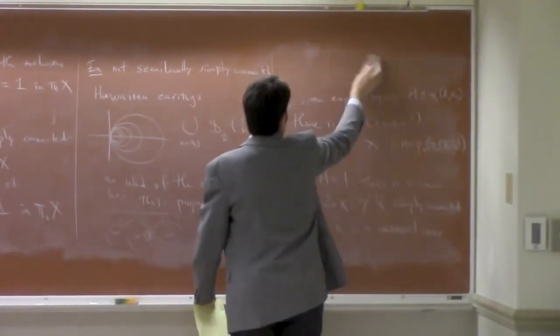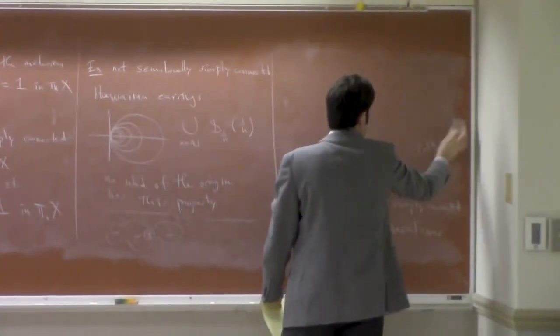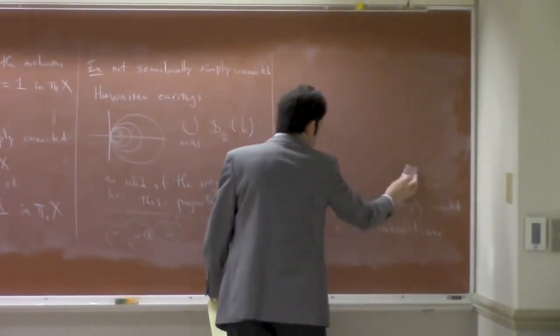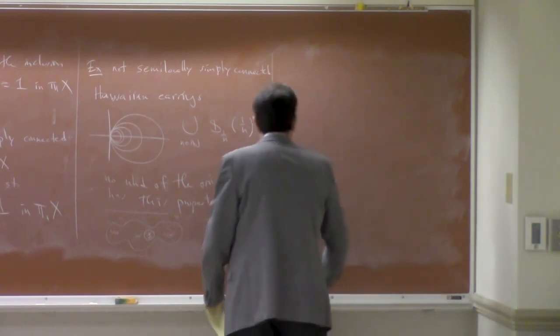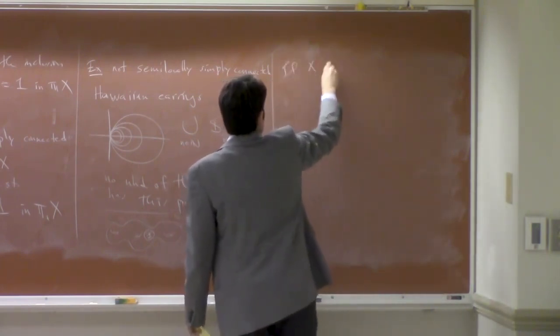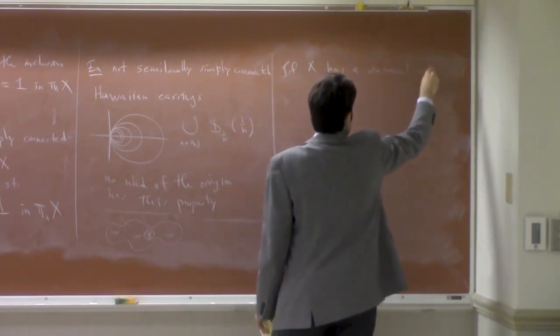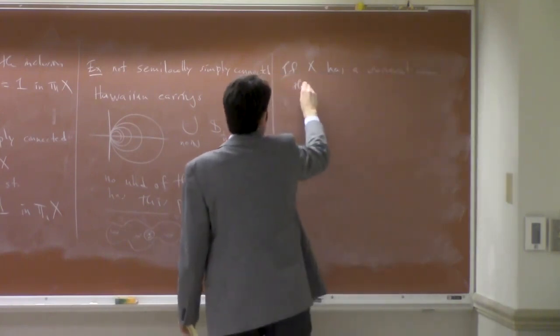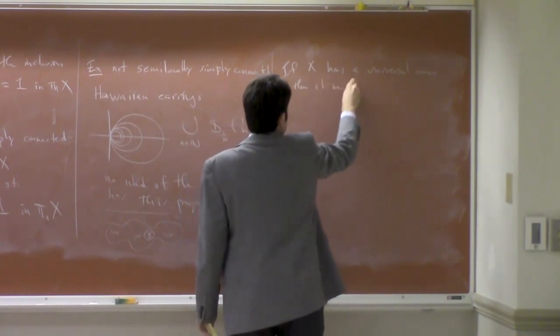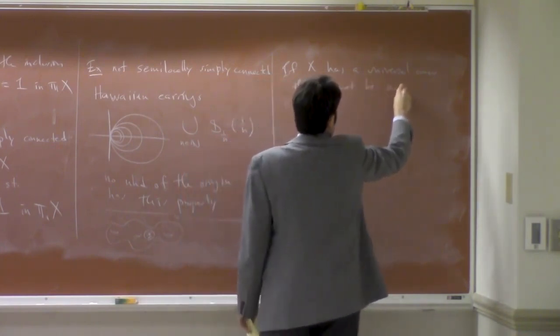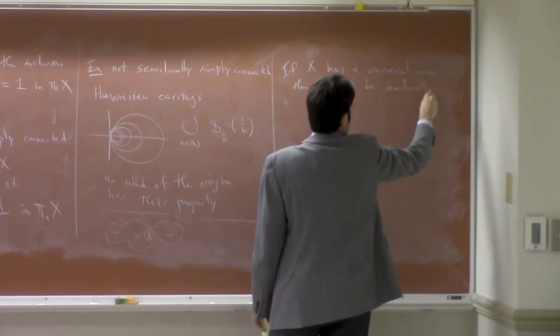Okay, so what we've seen is that if you have a universal cover, then it must be semilocally simply connected.